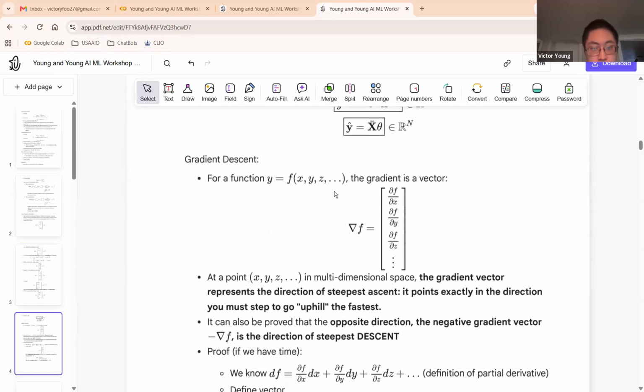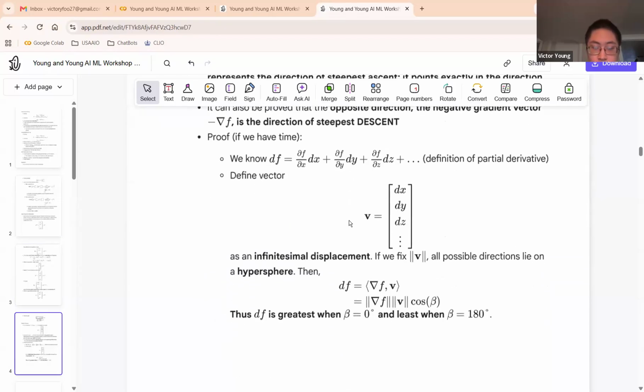And then afterwards, we talked about gradient descent. We said that the gradient is the direction of the steepest ascent. So we want to go to the minimum loss. So we do gradient descent, and then we do a little step, little step, little step, we can get to the minimum.